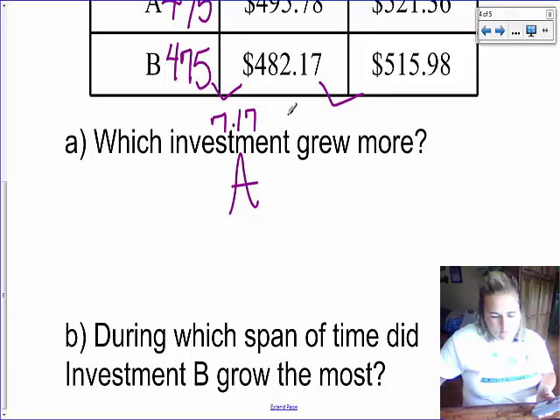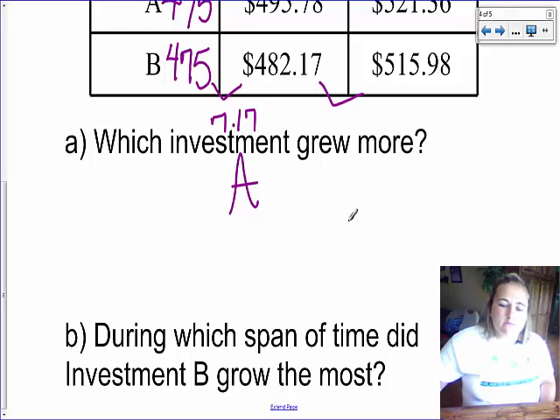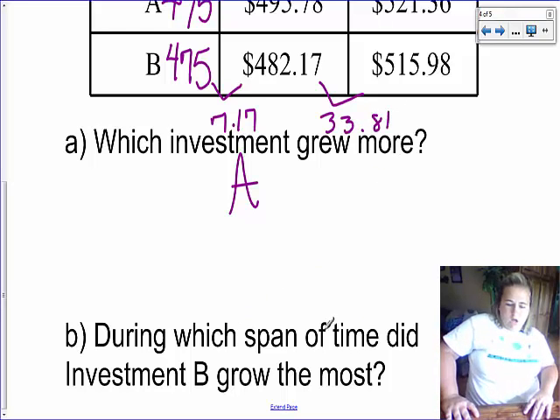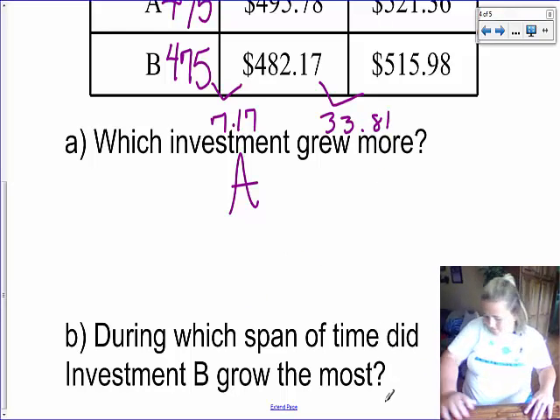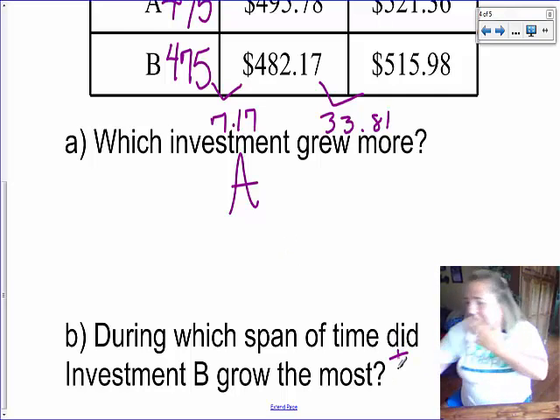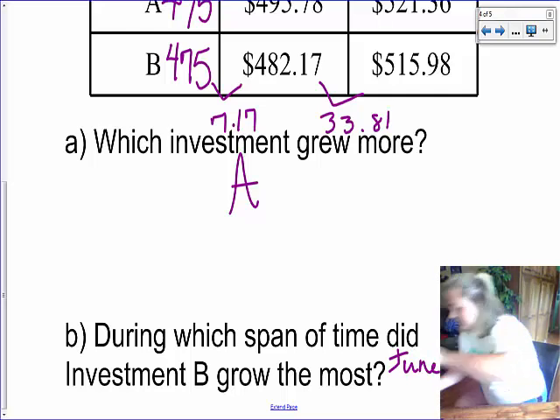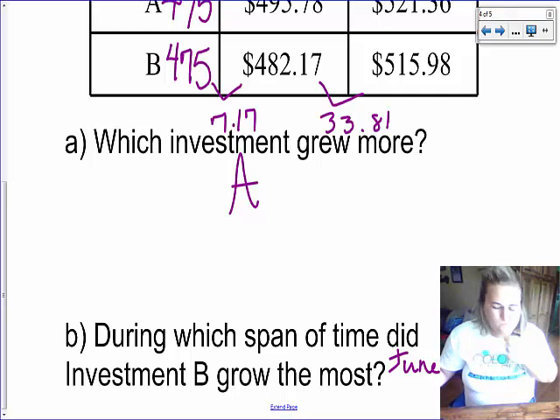From June to December, I'll take $515.98, and I'm going to subtract $482.17. And in that span of time, the investment grew $33.81. So the span of time in which it grew the most would be from June to December. Okay, final answer.